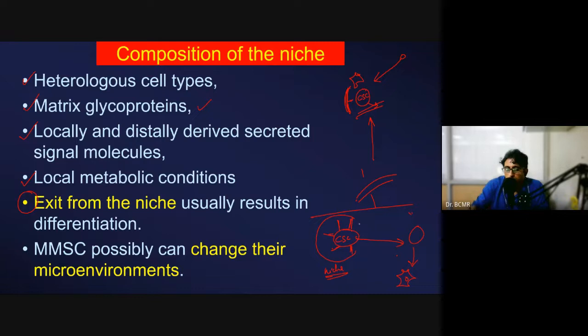So one of the ideas is, how can we interfere with these interactions? If we can, then the cancer stem cell could become a differentiated cell, and then we may be able to treat or eliminate cancer stem cells.